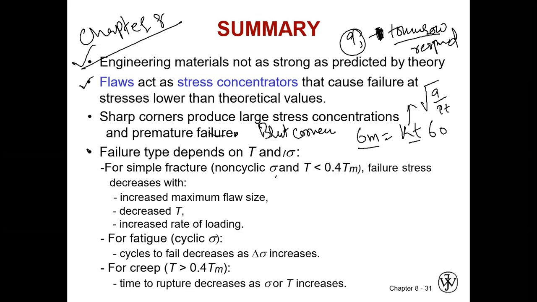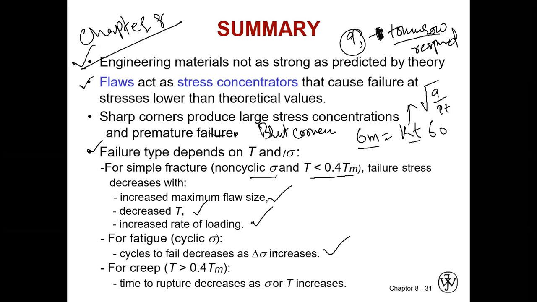So failure type depends on the temperature and the loading, right? For simple fracture, non-cyclic, failure stress decreases with increasing flaw size, decreasing temperature, and increasing the number of loads, right? And for fatigue, the cycles to failure decrease as sigma increases, right?